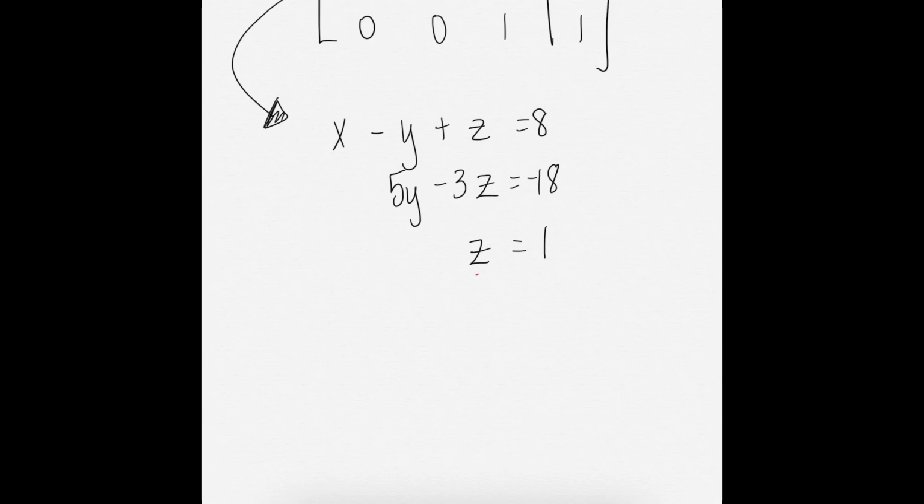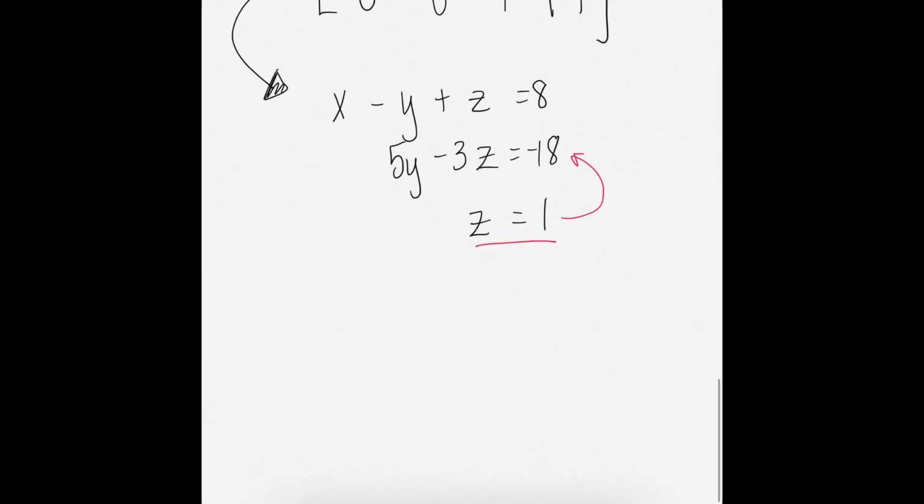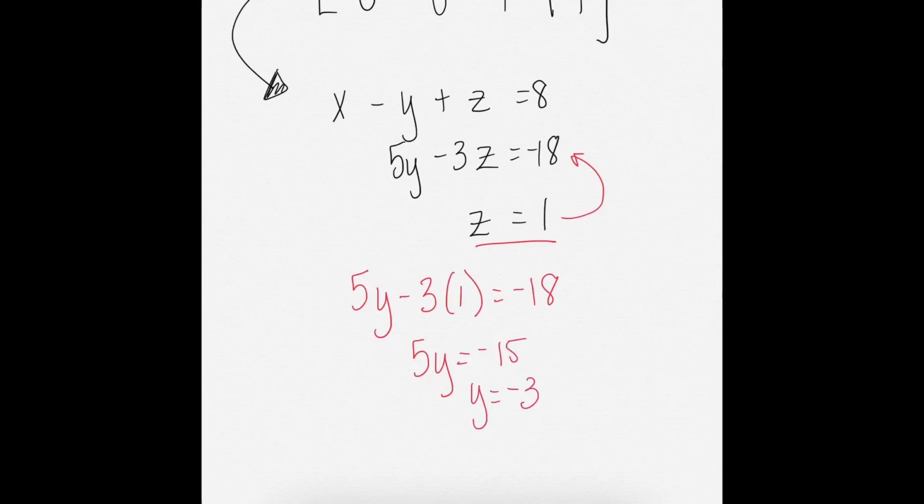Hopefully, you can see that we can use back substitution. If z is 1, can't I plug it into this equation up here and say 5y minus 3 times 1 equals negative 18? Which means that 5y equals, if I add 3, negative 15, which makes y negative 3.